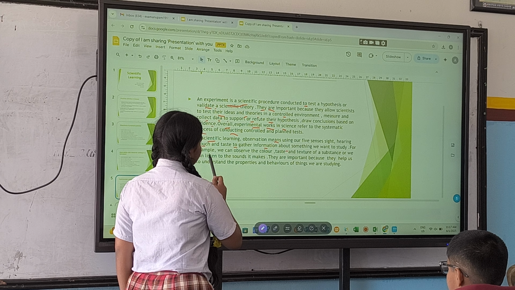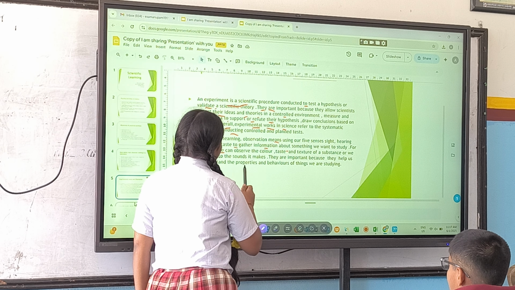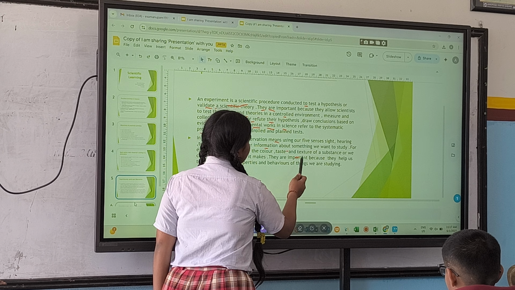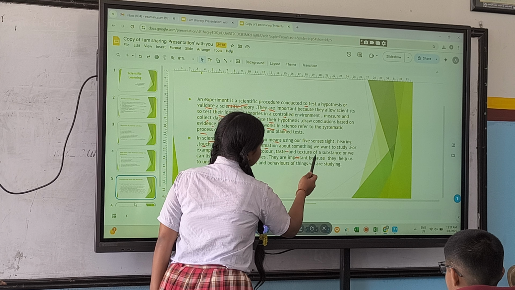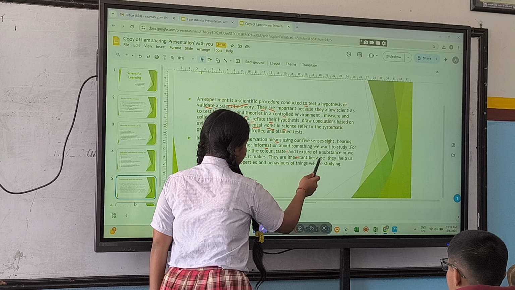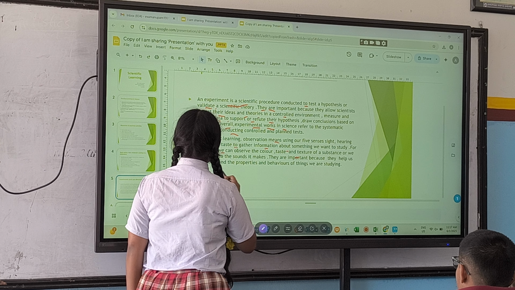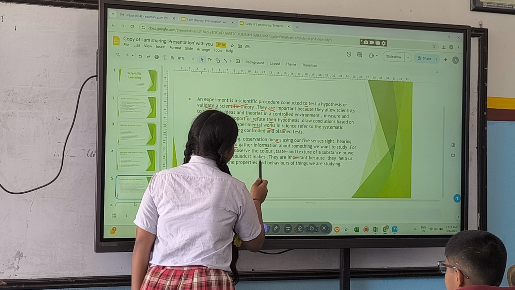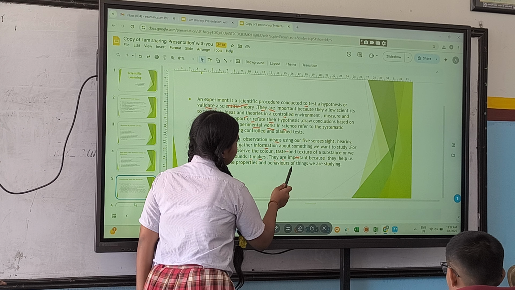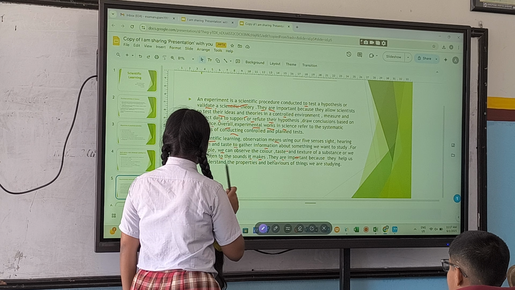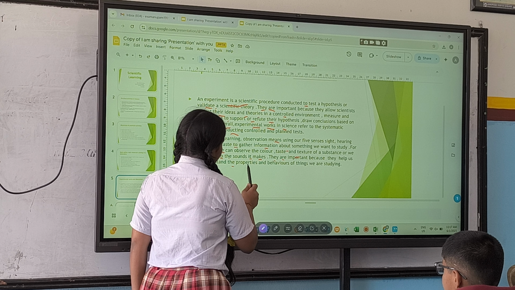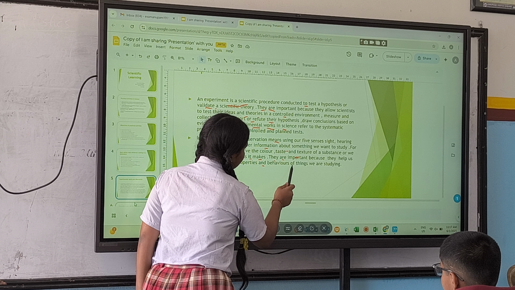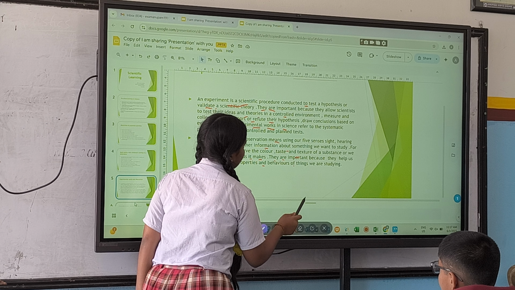For example, we can observe the color, taste, and texture of a substance, or we can listen to the sounds it makes. They are important because they help us to understand the properties and behaviors of things we are studying.